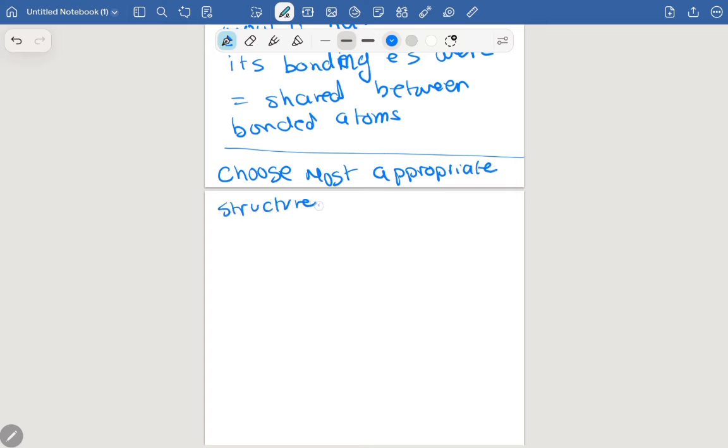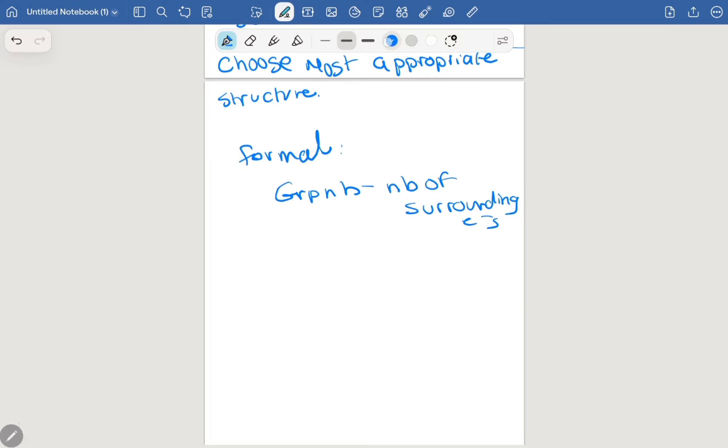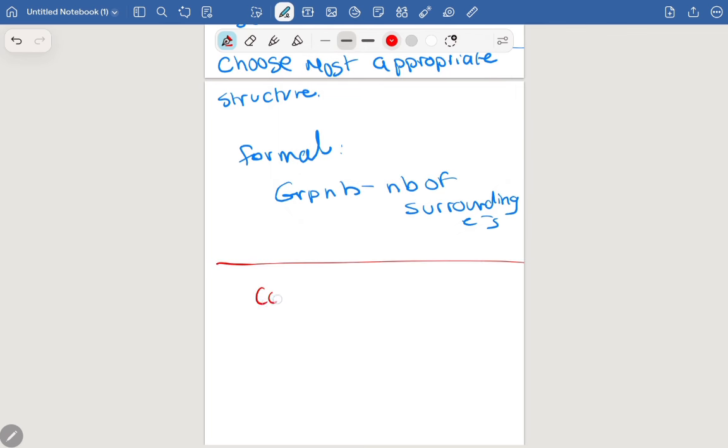Okay, how do we calculate the formal charge? It's very simple, very easy. It's simply the group number minus the number of surrounding electrons, and this is how you calculate the formal charge. Now, what are some conditions of stability that we need to know?